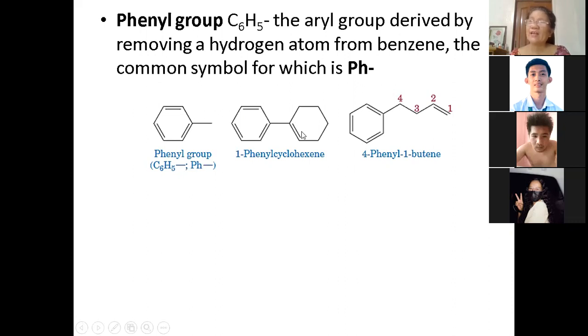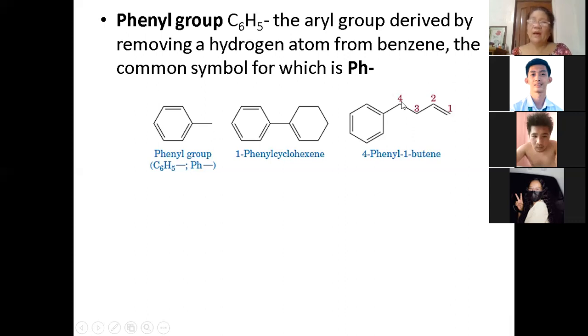Yeah? So cyclohexene, where is your phenyl attached? In carbon 1. So that is 1-phenylcyclohexene. So here, what is this? This is a butane. But there is a double bond at carbon 1. That is 1, 2, 3, 4. Oh, it's butane.